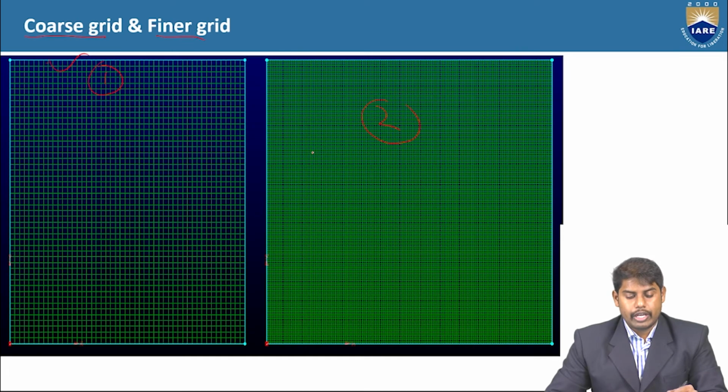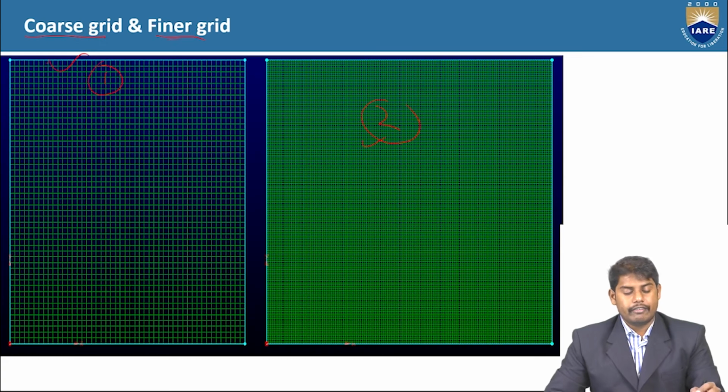Here you have uniform spacing and here also. The difference between domain 1 and domain 2 is that you have more grid points in domain 2 and fewer grid points in domain 1. If you have more grid points, it is called a finer grid. If you have fewer grid points, it is called a coarser grid.